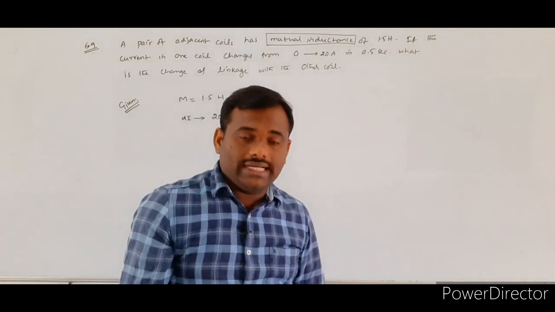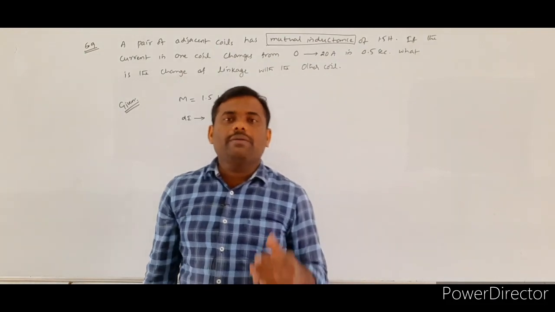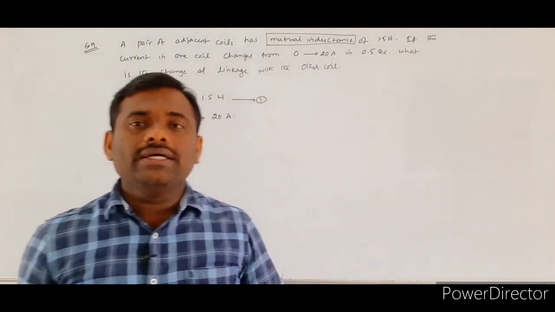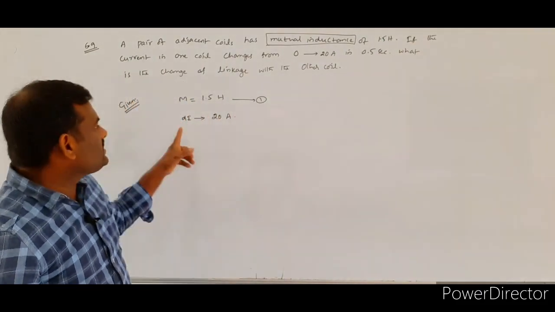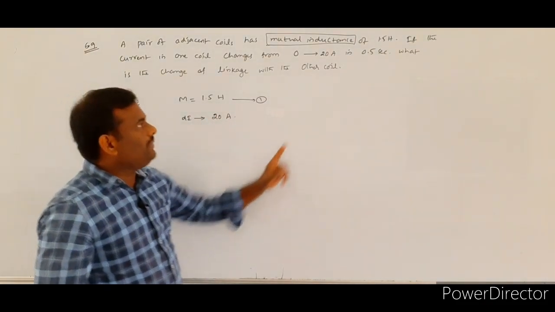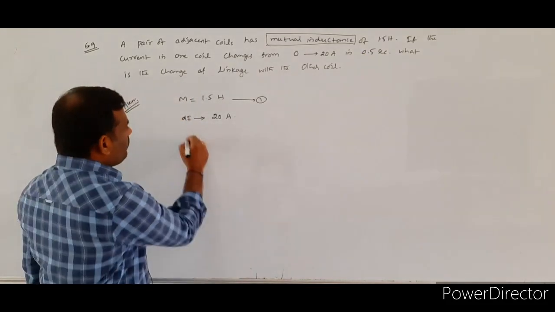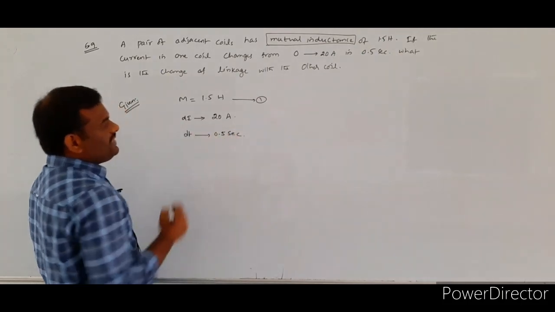In mutual induction, the current changes in the primary coil and EMF is induced in the secondary coil. The change in current in the primary coil is 20 amperes in a time interval of 0.5 seconds, so dt is 0.5 seconds.